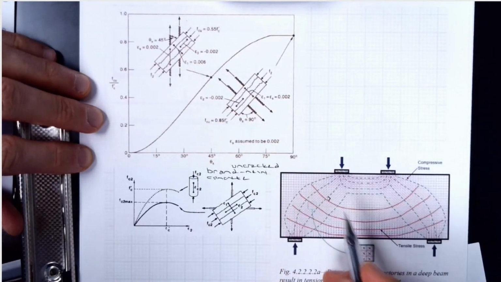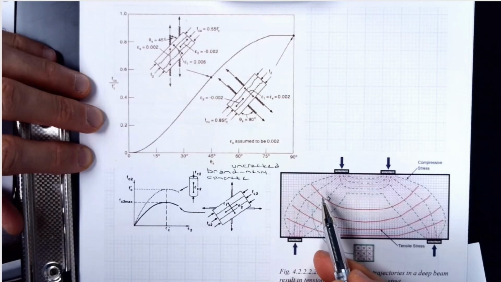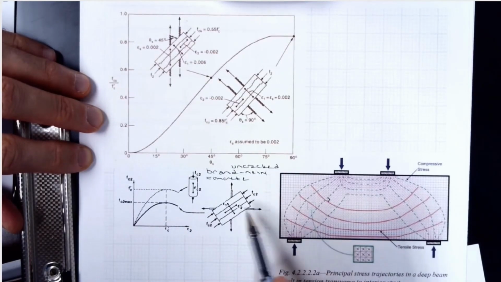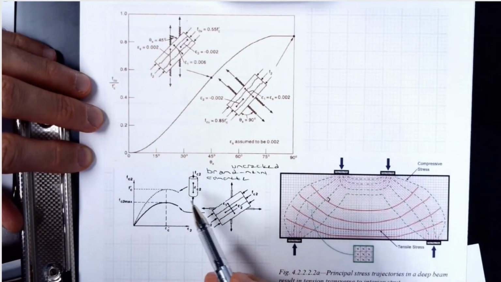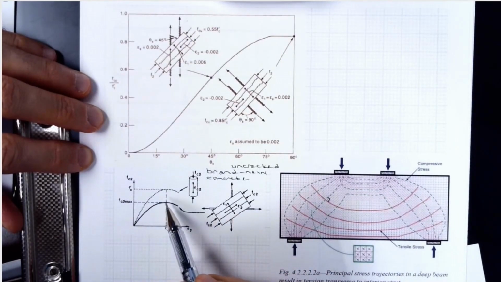This is your strut. There is significant tension going on. There is going to be some cracking involved. So your element is subjected to tensile stresses at the same time, and it's going to crack. For that reason, your f prime c would be less for that situation.